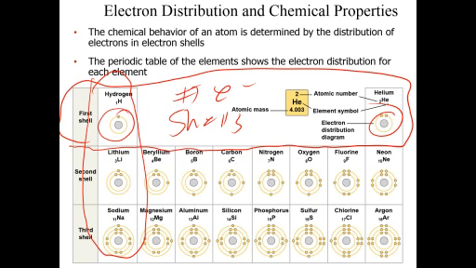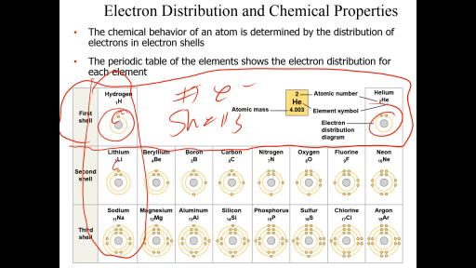Hydrogen, lithium, and sodium. These are all three different elements. They all have three different numbers of shells, but they have one valence electron. The electron is found in the outermost shell.